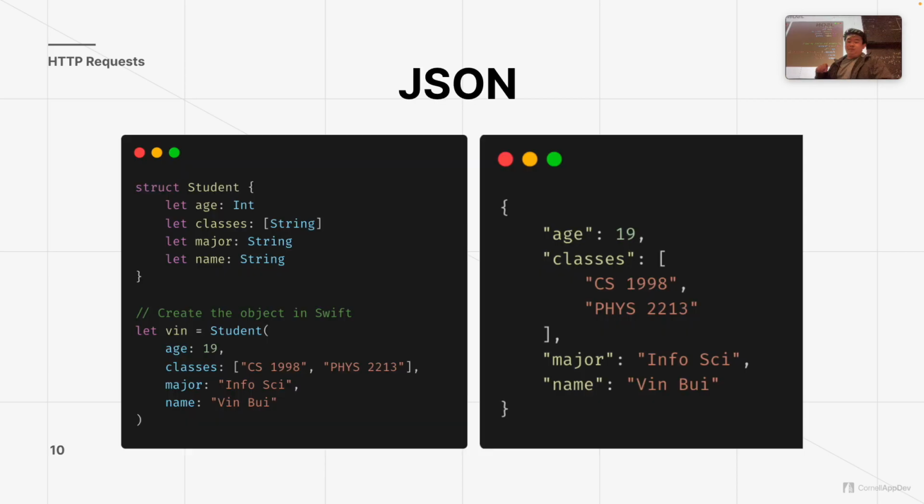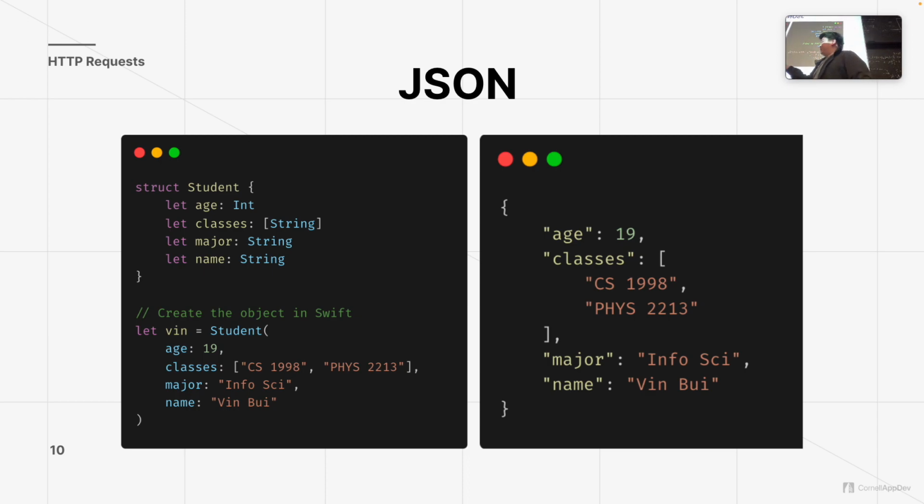So in Swift, you can see that we declare a variable or a constant, and then we set a type to it. However, in the case of a JSON string, all of the names, like age, classes, major, and name, are actually strings, followed by a colon, as well as their values. Those values can be a number, a string, whatever data type, as long as you can convert it to this JSON format, or there's some way you can encode it into this JSON format.